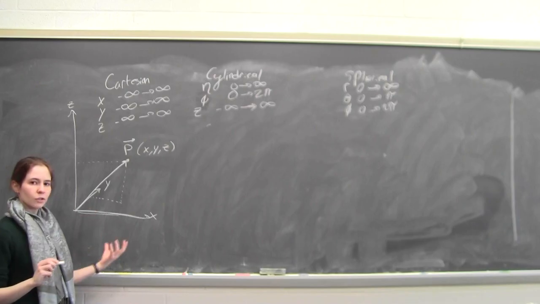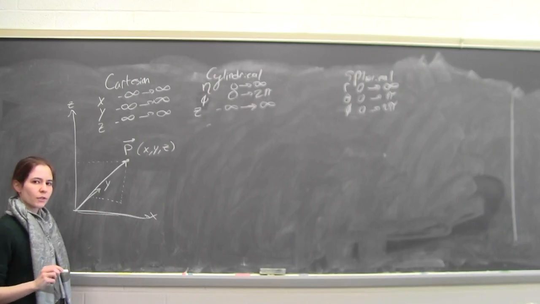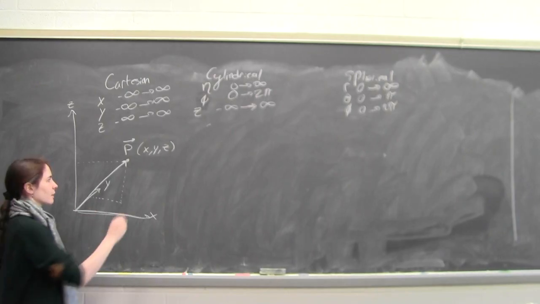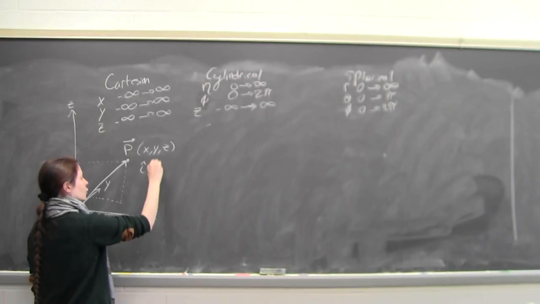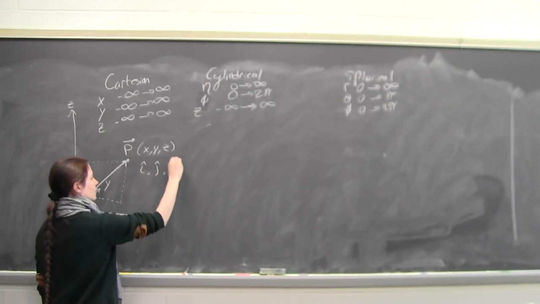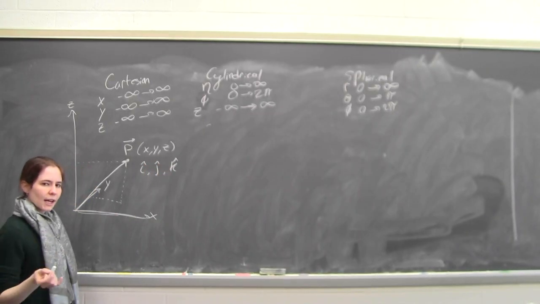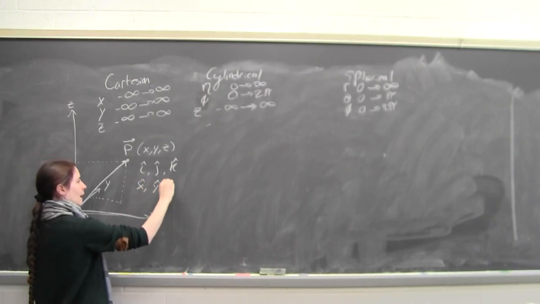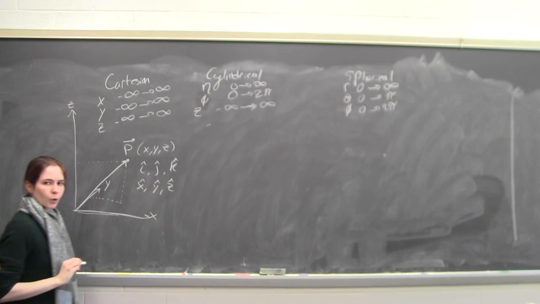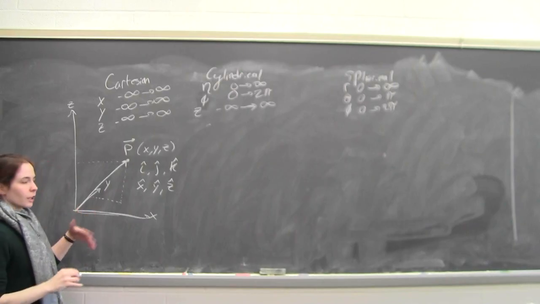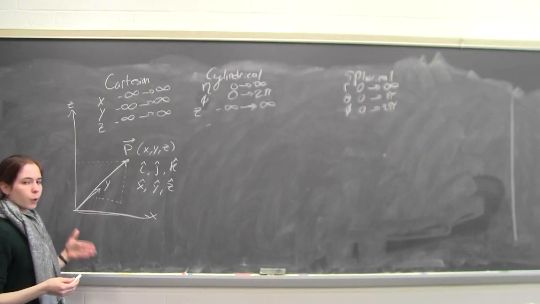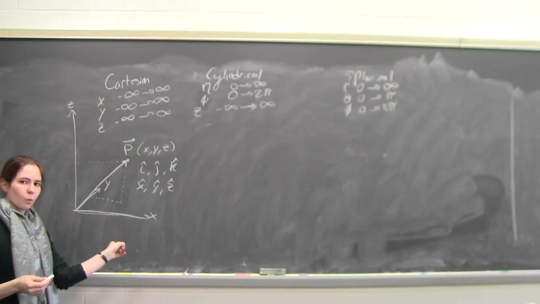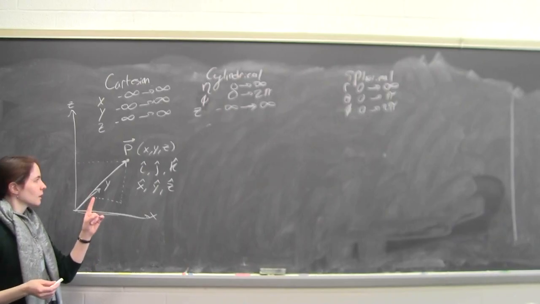Now in Cartesian coordinates, we would usually describe this direction in terms of the i, j, and k components, which in this class we will also sometimes call the x hat, y hat, and z hat components. And these are just describing what proportion of the vector is pointing in the x, y, and z direction.